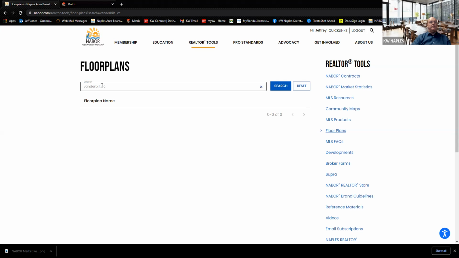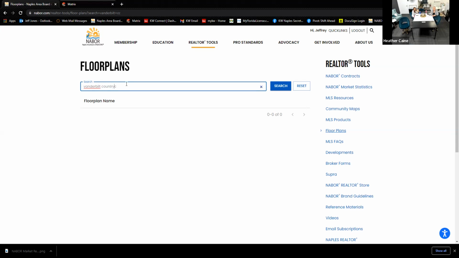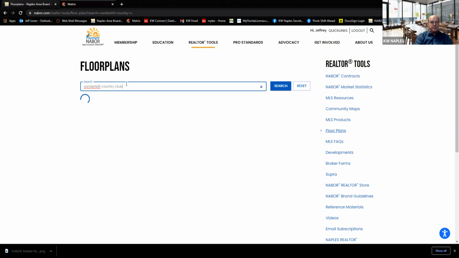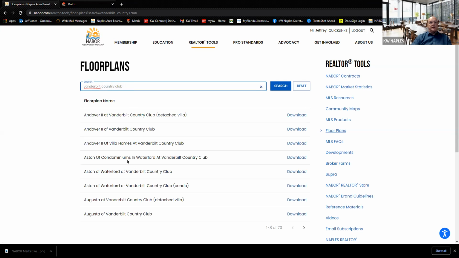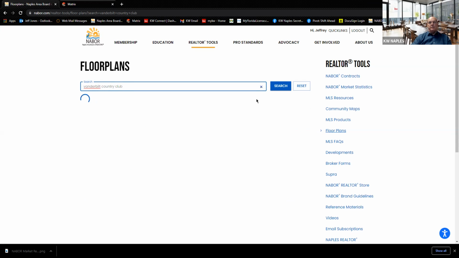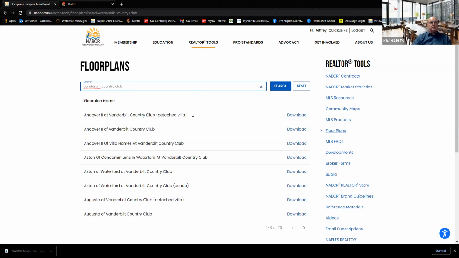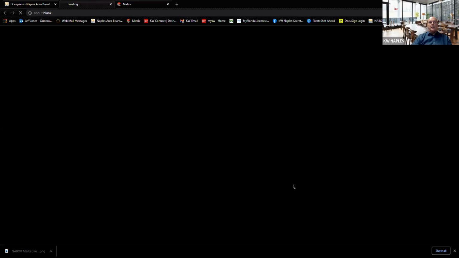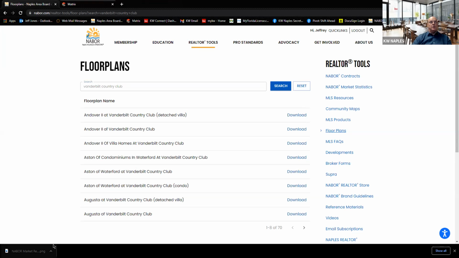Yep. They're not all there, but there's a lot of them there. And if you know the particular community, you see there's a number of them in there. I don't remember what the name of that subdivision was, but they're in there and you can download them. Sometimes the developer brochure.